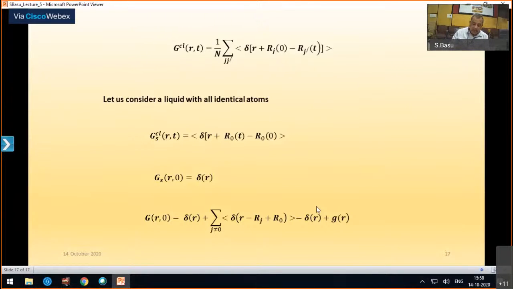Now you will see the actual experimental setups that I will describe to you, with different Q ranges, because when I talk about G of RT, it envisages many time scales and many Q ranges. So I have a whole lot of Q range and a whole lot of time range to talk about, and the Fourier transform of that will give me the S of Q omega.